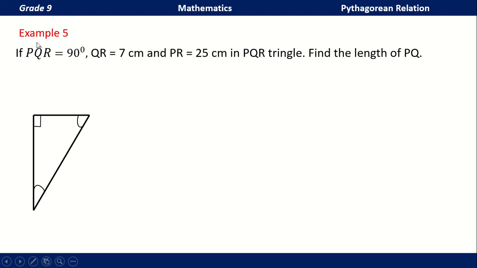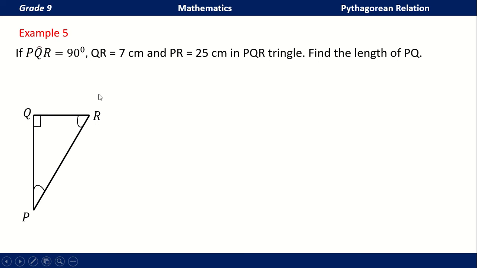Since the angle is at the vertex Q, since the hat is there, I know that the 90 degree angle should be at Q. So the other two points should be P and R. Like that, I can draw this information in the figure.